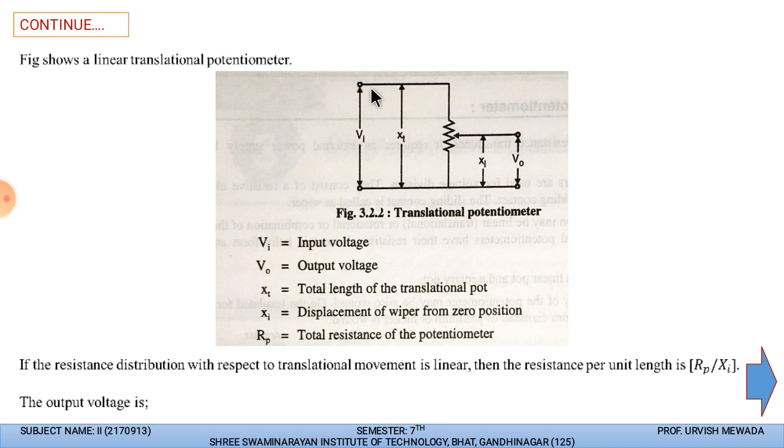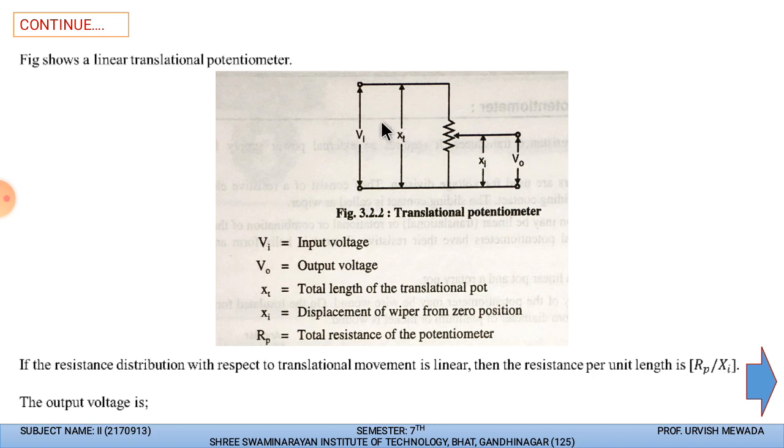Suppose our pot is over here, so the current coming from the primary or input side will be bypassed through the wire, and the resistance is minimum. Suppose we move this arm in the downward direction, so the resistance will change, and so will the output voltage. Vi is the input voltage and V0 is the output voltage.